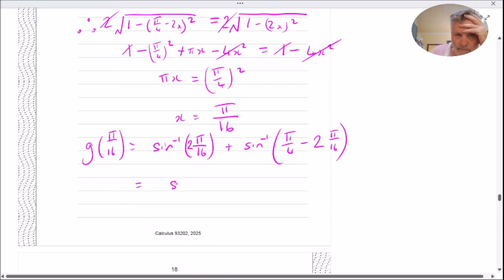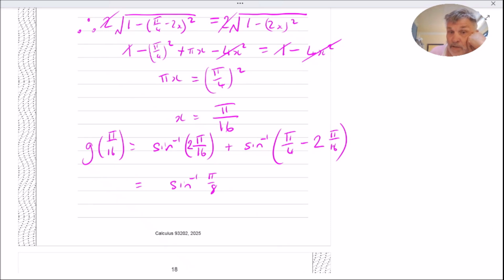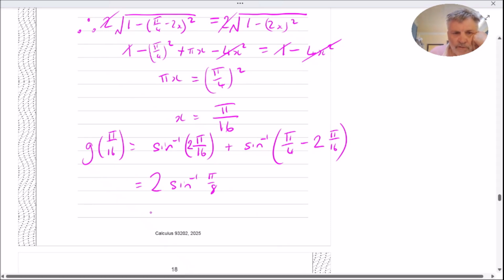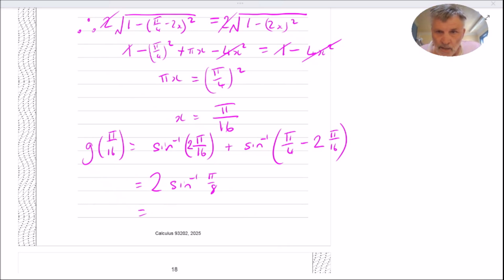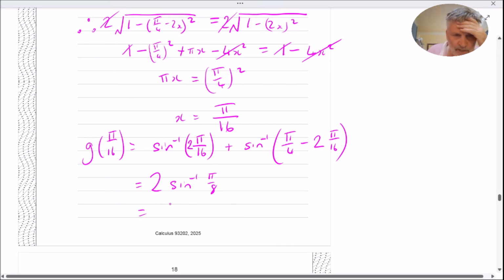This is pi over 8. And this is a quarter minus an eighth, which is going to be an eighth as well. So we've actually got two of those, and you can work that out. And I've done that, and I found 0.807.